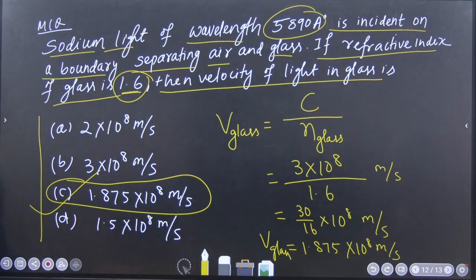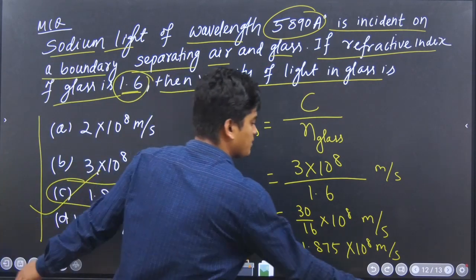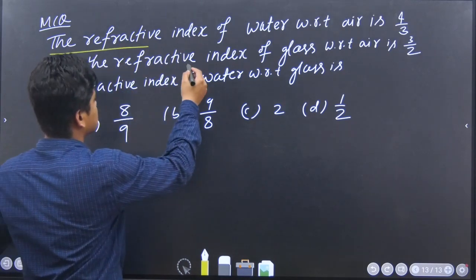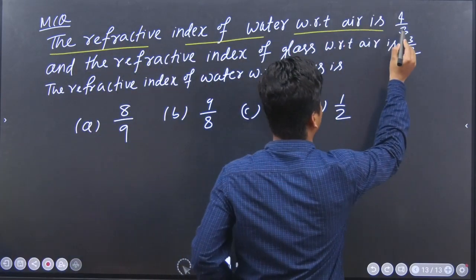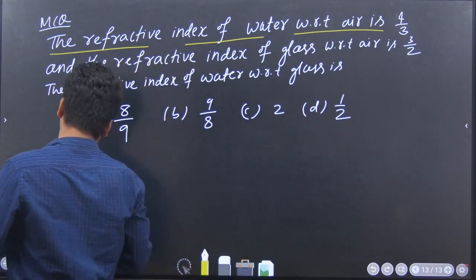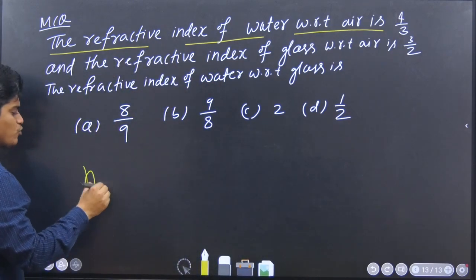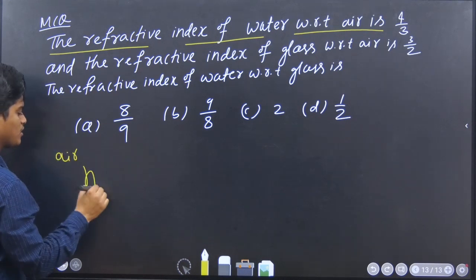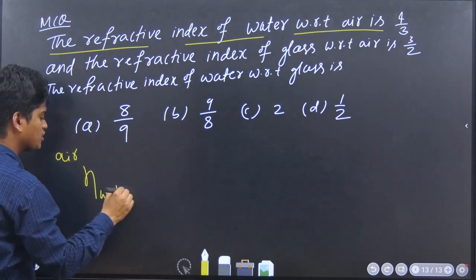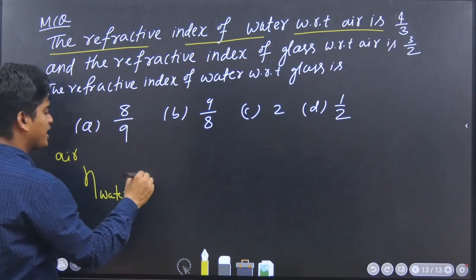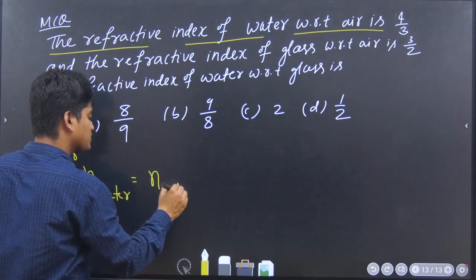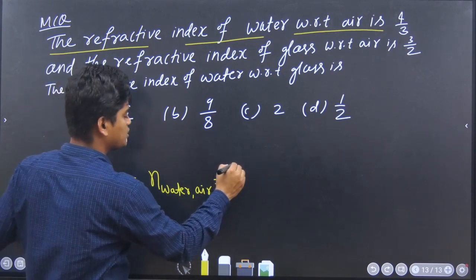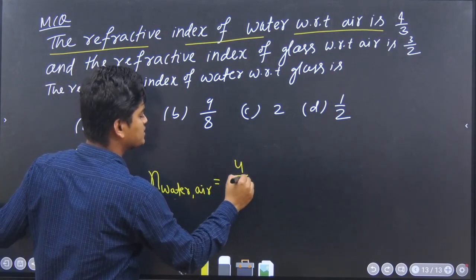Now we will go to the next question. The refractive index of water with respect to air is 4/3. With respect to air means light is coming from air going to water. So you can write it as water comma air, which is 4/3.